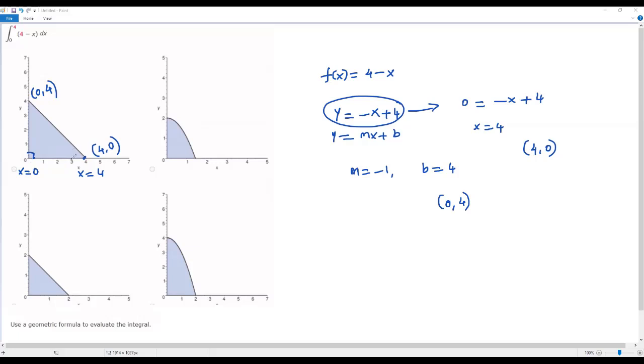The geometric formula to get the area of a triangle is base times height divided by 2. So base is 4 and height is also 4, divided by 2. 4 times 4 is 16, and 16 divided by 2 is equal to 8 square units. So the evaluation of the given integral is equal to 8.